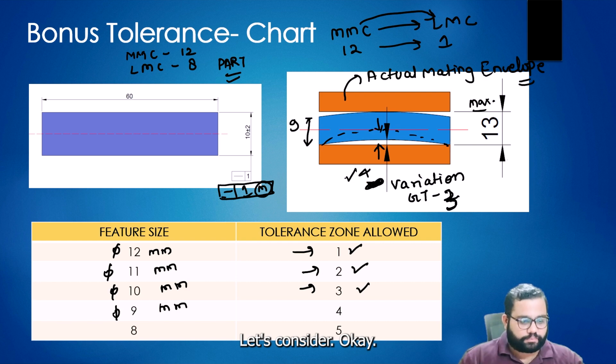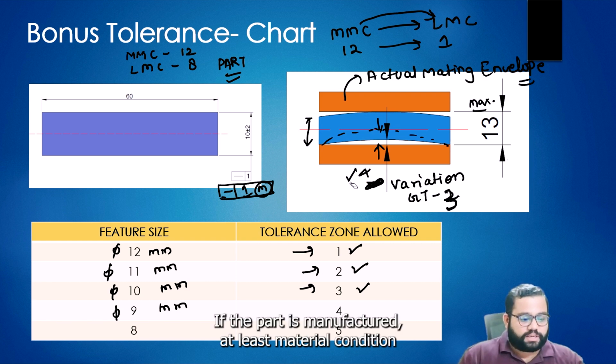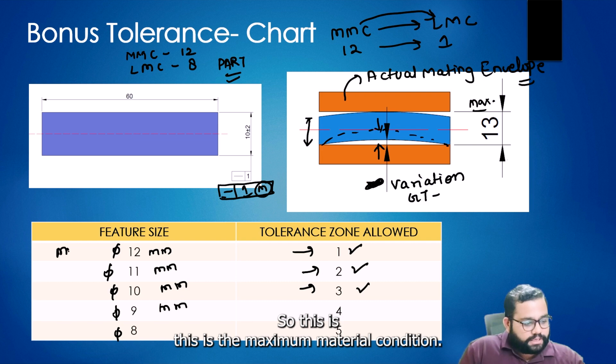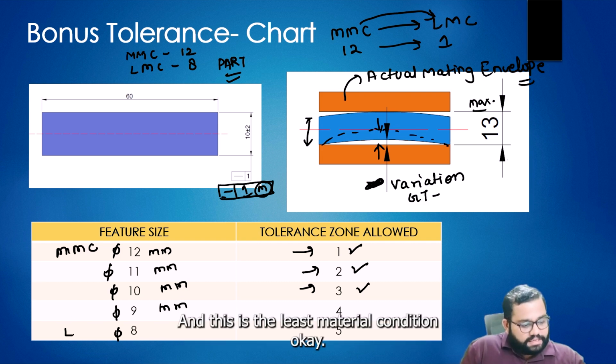Let's consider if the part is manufactured at least material condition, which is 8. So this is the maximum material condition and this is the least material condition.